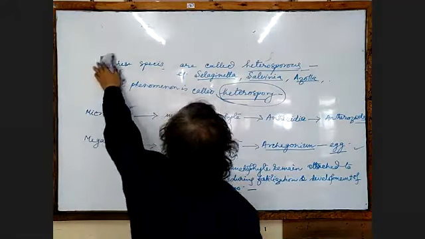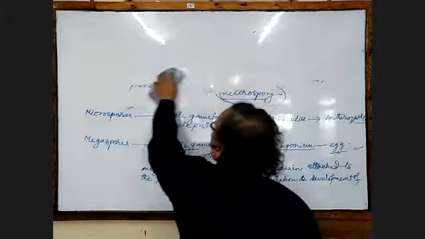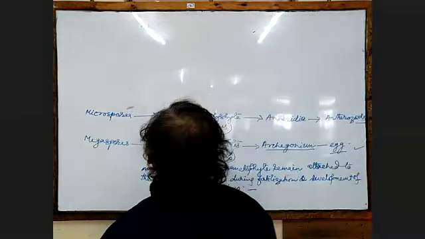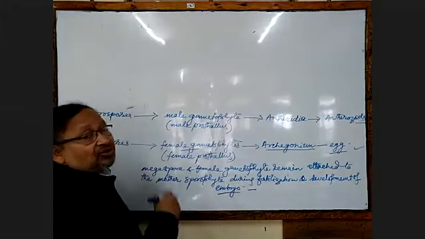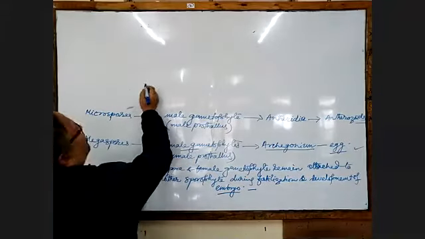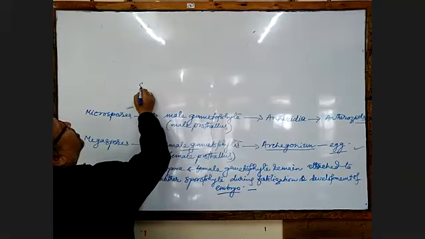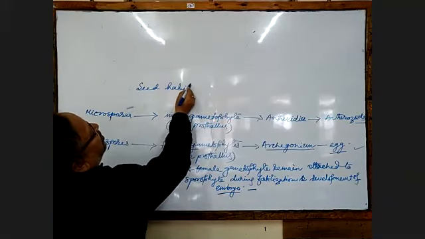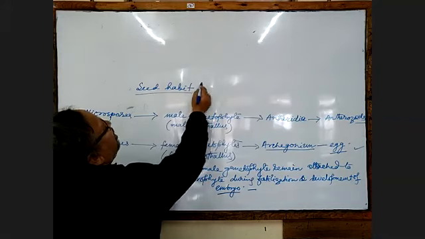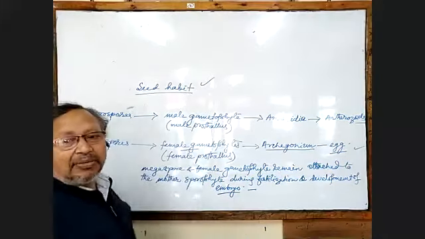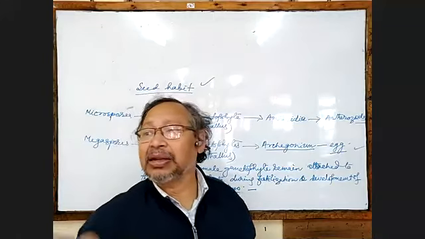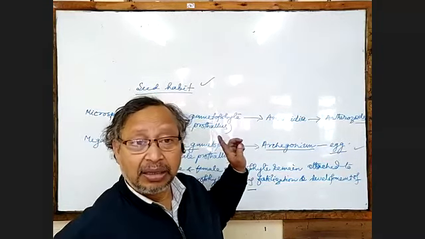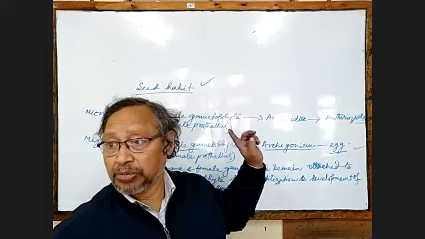Precursor means that is the step or the stages which can give rise to the seed habit. So seed habit in the evolution we can trace in the pteridophytes, in the heterosporous.